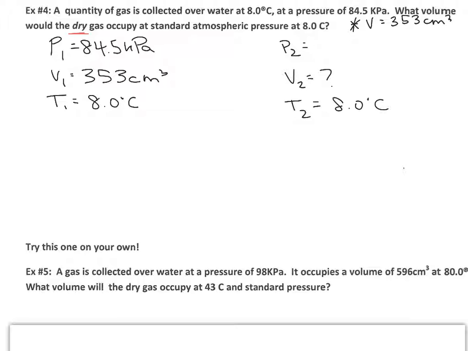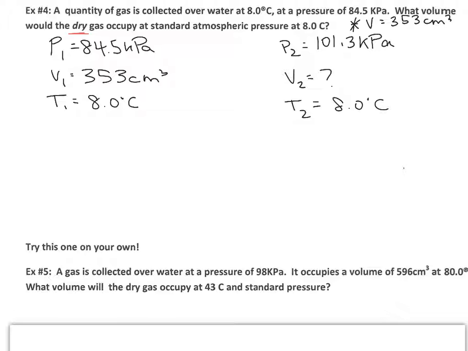Okay, so in the question it says a standard atmospheric pressure. So because P1 is written in terms of kilopascals, P2 also must be kilopascals. So my standard pressure would be 101.3 kilopascals. And hopefully these values are starting to cement themselves in your brain.